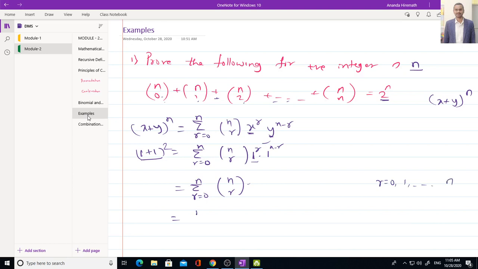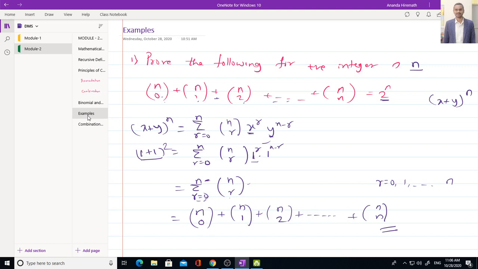First nC0 when r is equal to 0, then plus nC1, because next time r will be 1 as it is incremented, plus nC2, plus so on up to nCn. The value of r is from 0 to n, so it will be nCn, and hence proved.